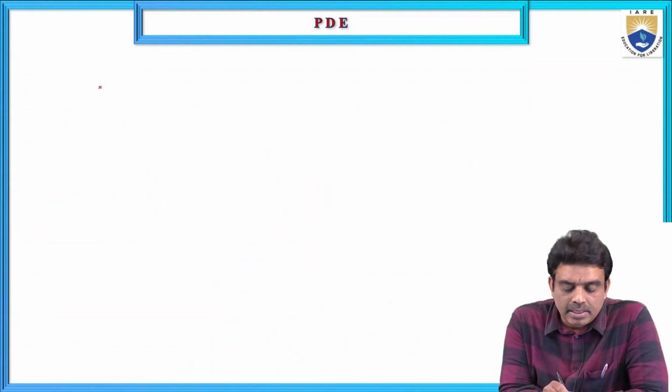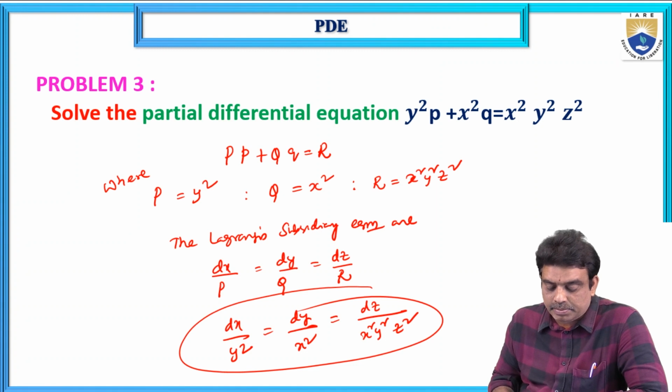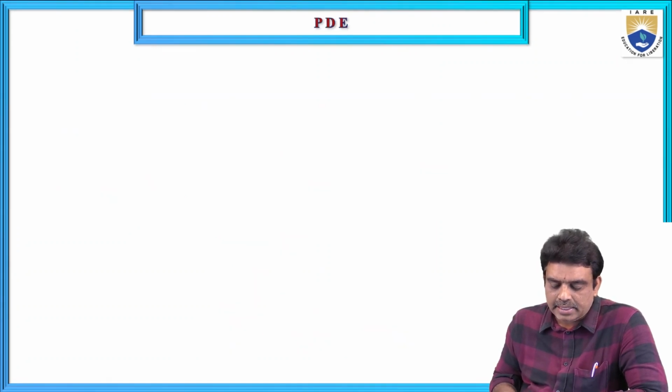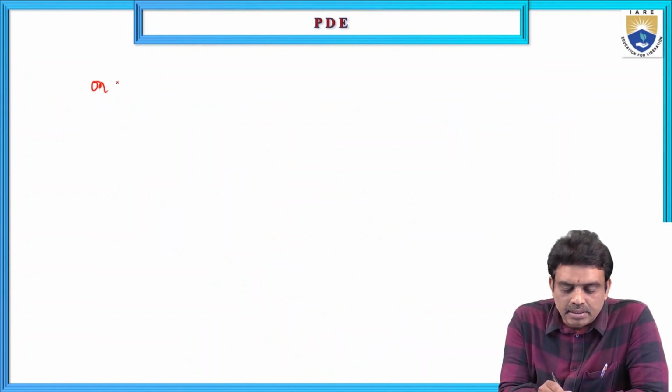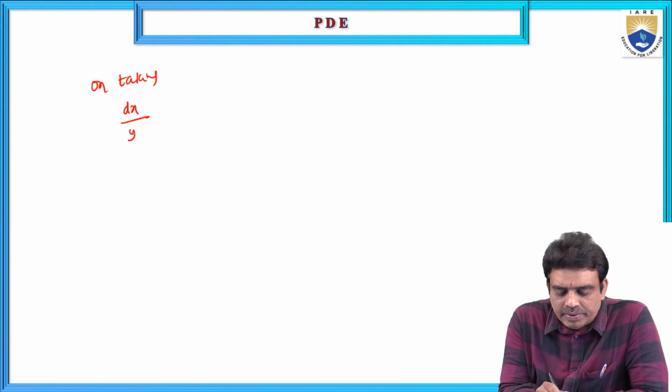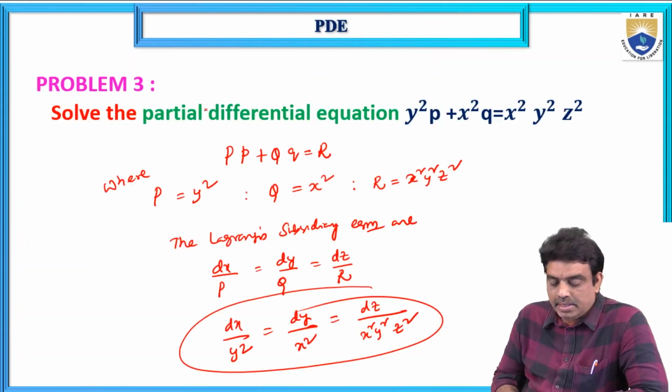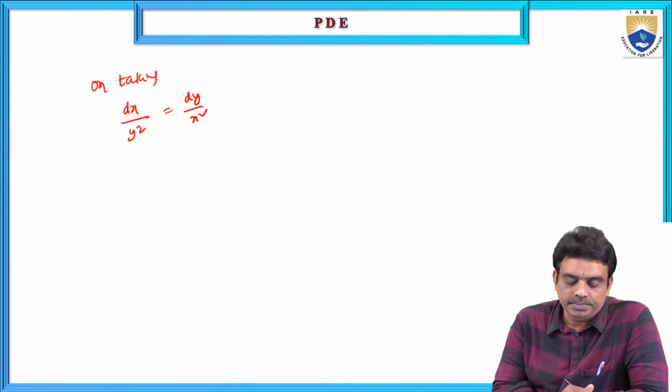So I am taking first and last. I can take dx by y square, first and second I can take, I'm taking dx by y square is equal to dy by x square.